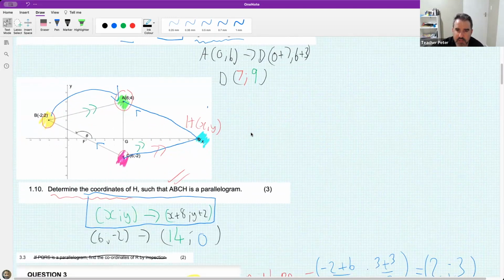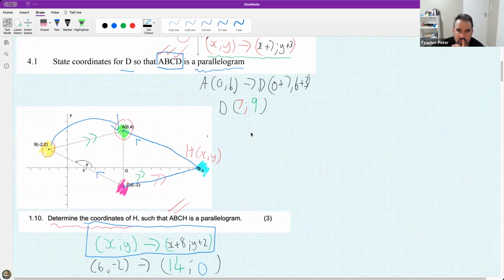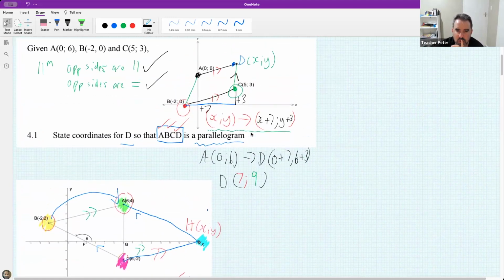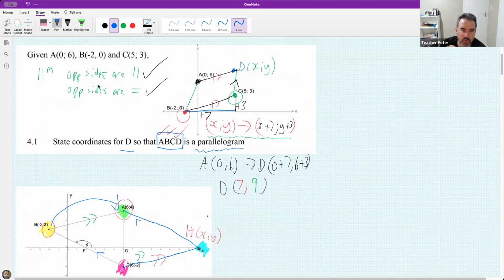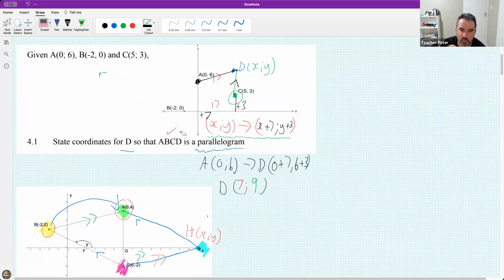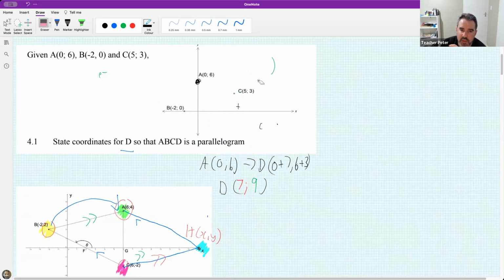So I'm going to do a similar example from the original one that we did. I'm going to get rid of all the extra bits and modify this question so it allows us to practice something else.